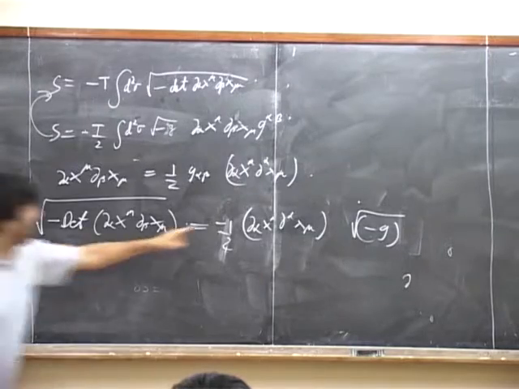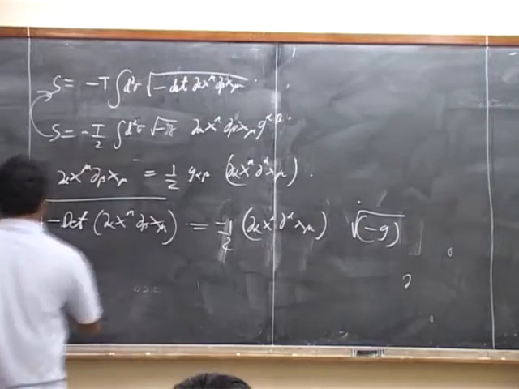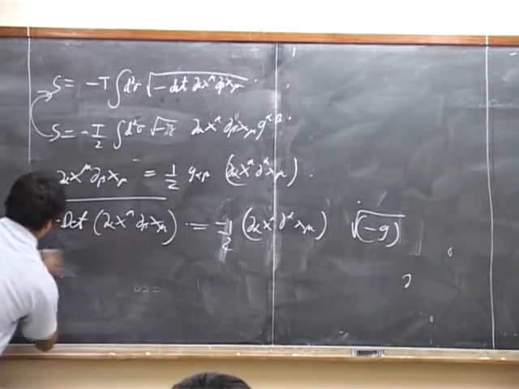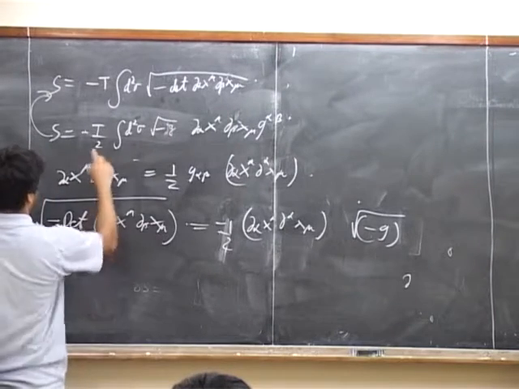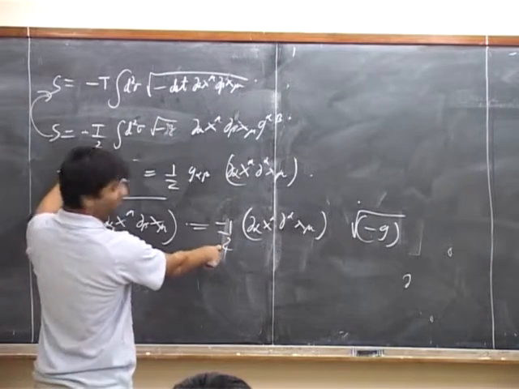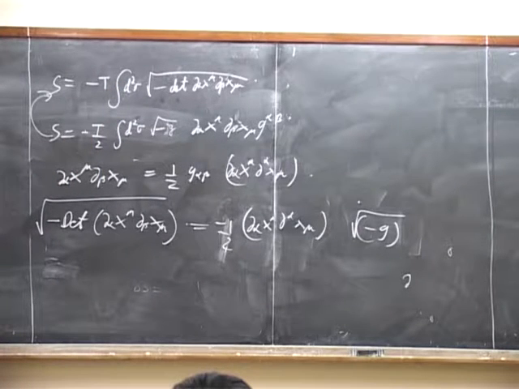Oh, okay, you raised it. Therefore, we find that this action is the same thing. This half is this half. It's minus of this, just by substitution. Is this clear?